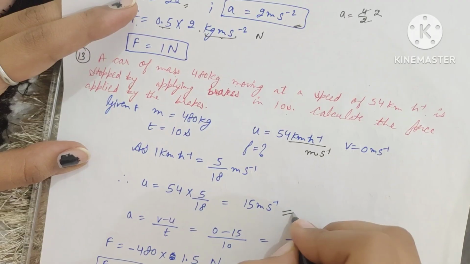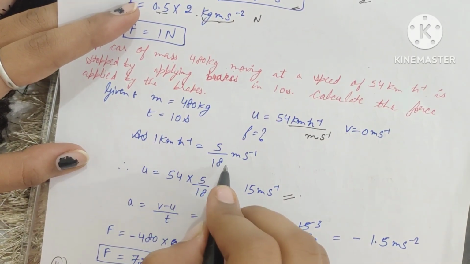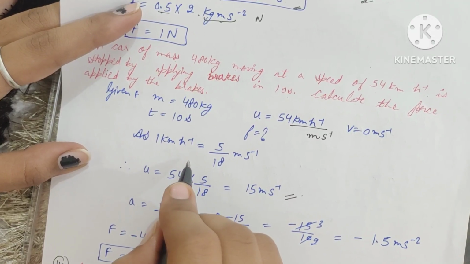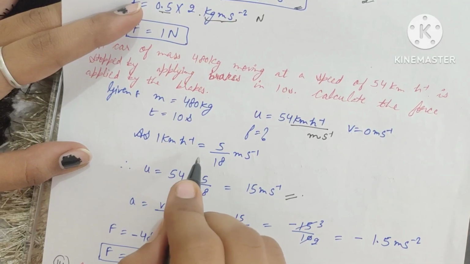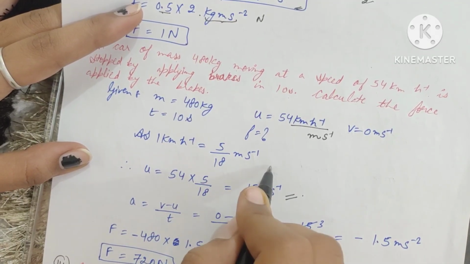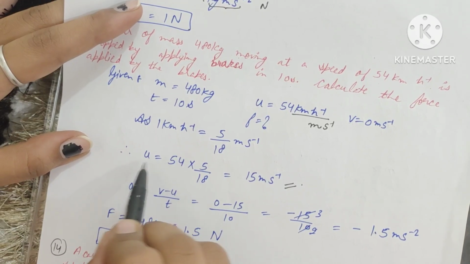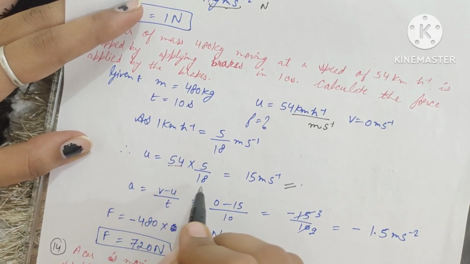It is 5 by 18. This thing we have done already in the last chapter, the second chapter, that 1 kilometer per hour is equal to 5 by 18 meter per second. So what is the value of u here? If I want to convert it into meter per second, simply write the value and clean it.